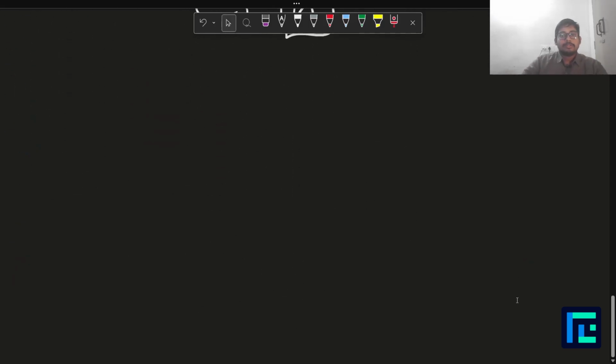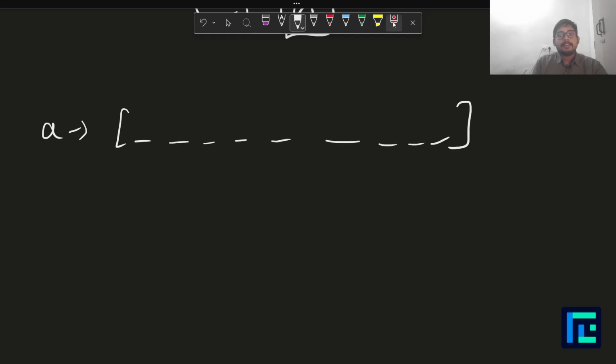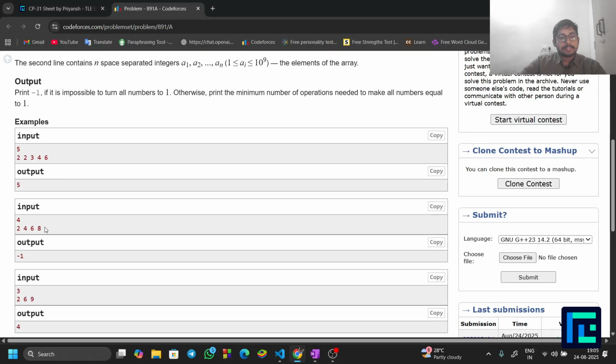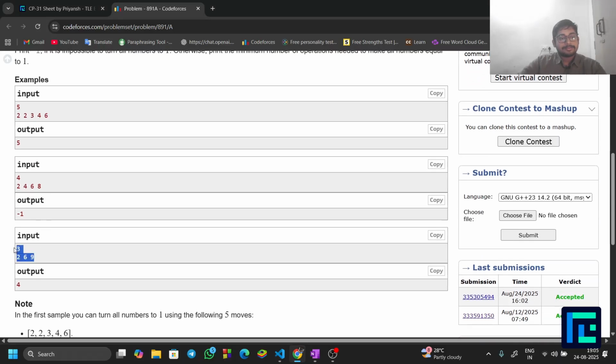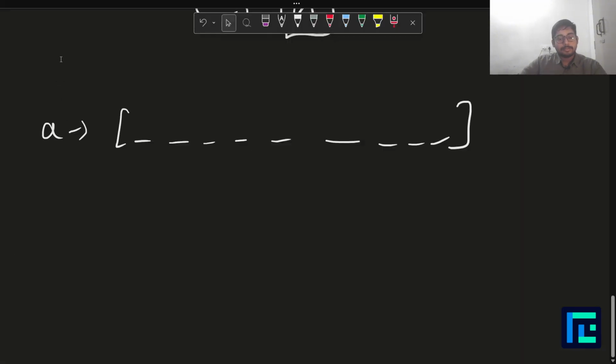So for the remaining case, where you have this array A and you checked that even adjacent elements are not giving you a GCD of 1, you can look at this test case given in the problem.